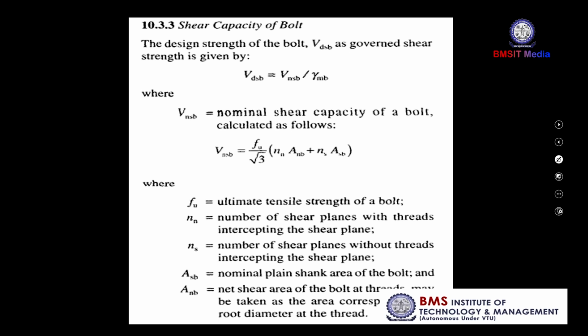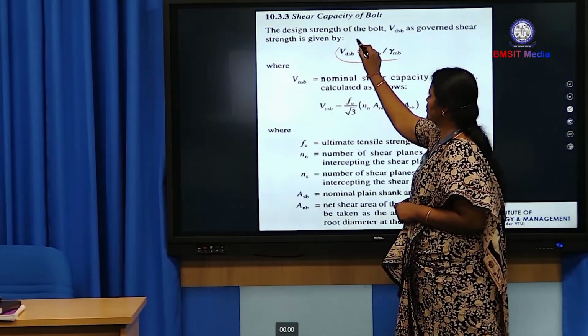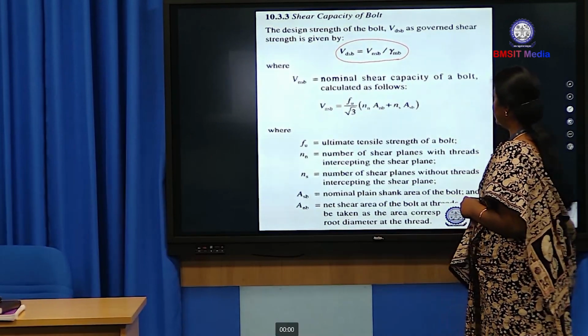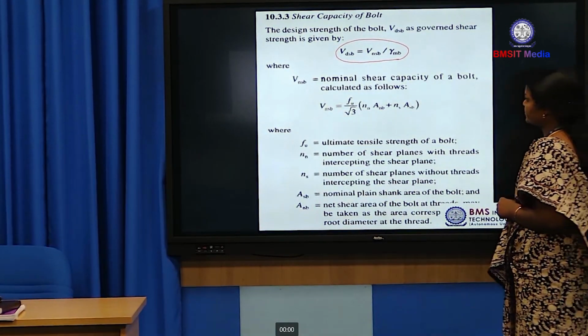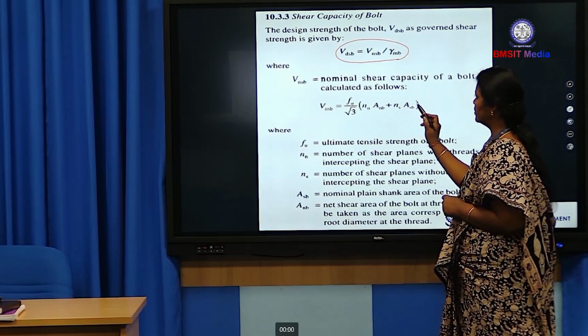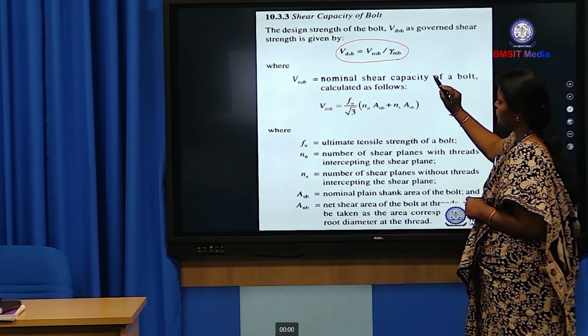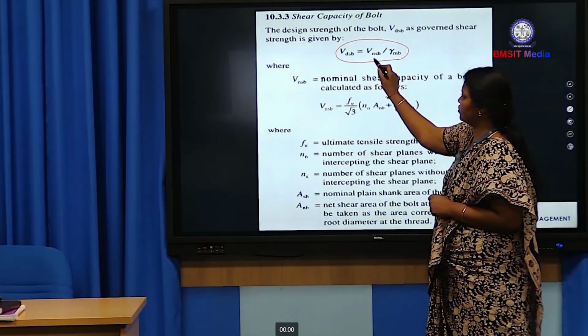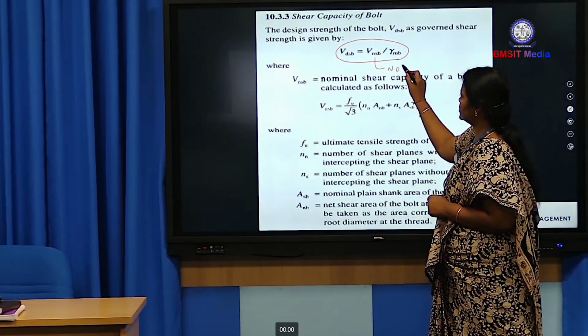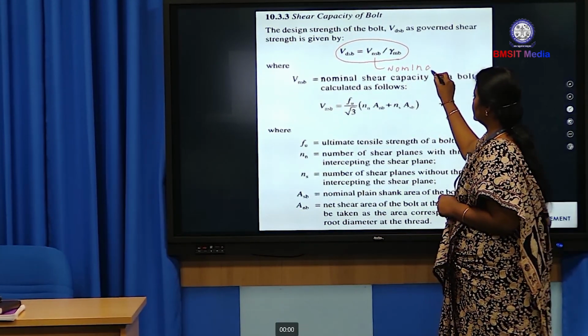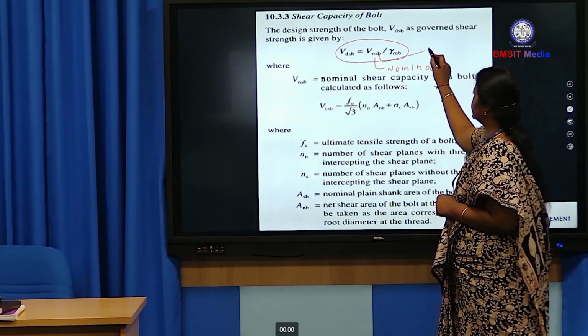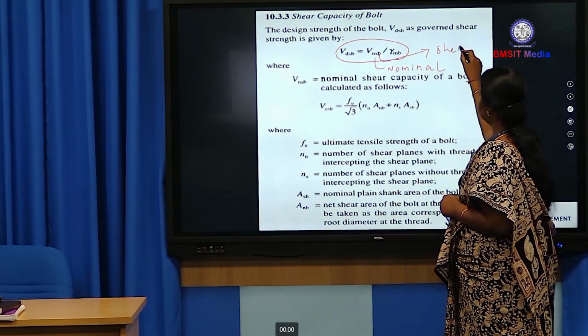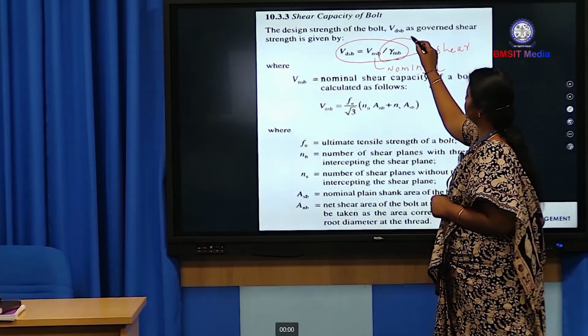This formula is also available in IS 800-2007, for the shear capacity of the bolt. The formula is VDSB equal to VNSB divided by gamma MB. What is this VNSB? VNSB is the nominal shear strength of the bolt. N means nominal, S means shear, and B means bolt.